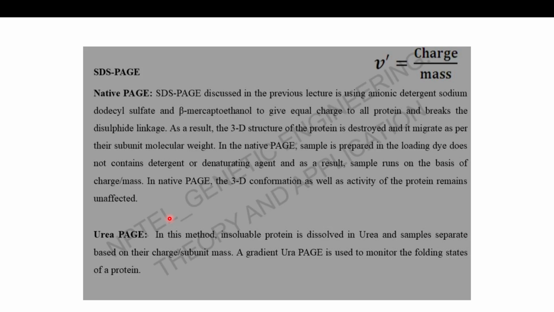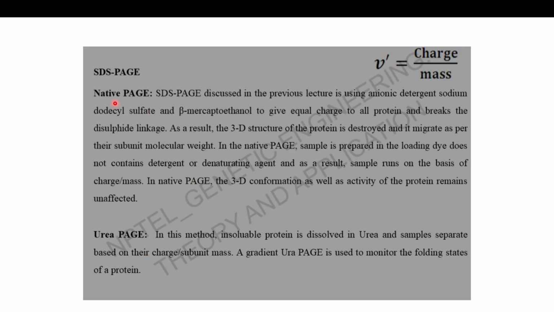If the calcium is binding at a particular concentration, then its mobility will be affected because calcium has bound to it. If there is any change in the structure of the protein due to the interaction of the calcium ions binding to the calcium binding protein, then we can determine it on the native page.